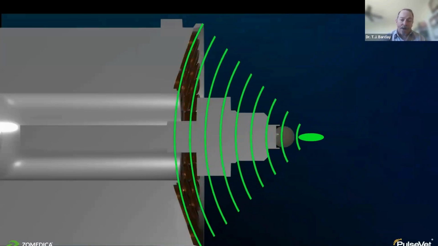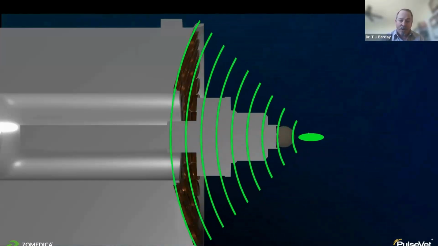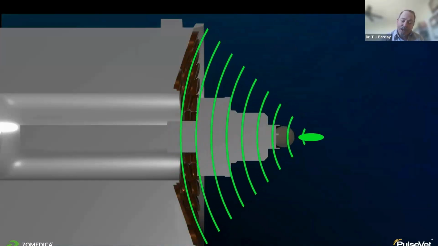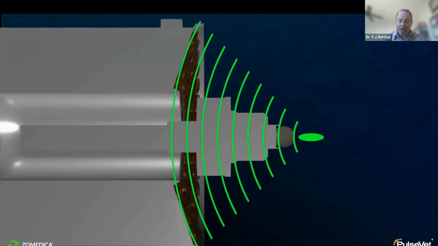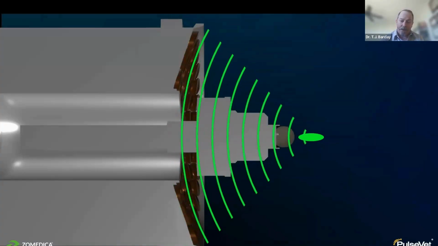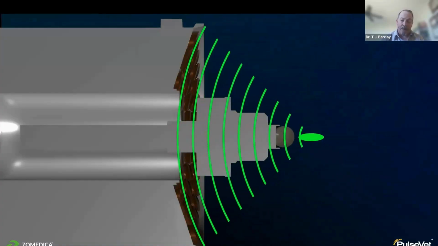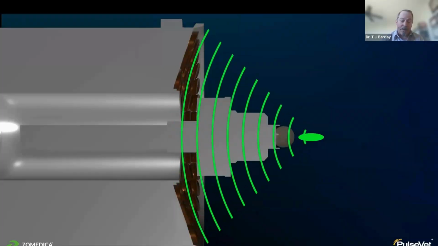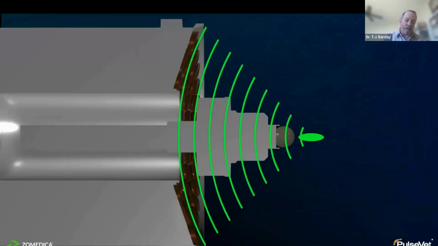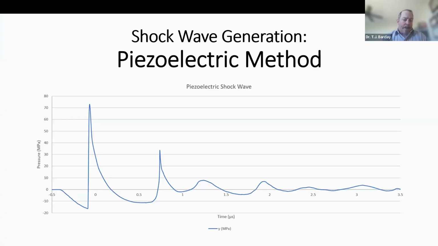These are not shock waves when they're generated, but just due to the shape of that array, they are focused into a definite focal zone, and due to the linear acceleration effects of those sound waves, they become shock waves once they reach that focal zone. As you can see, there are some differences when we talk about the waveform generated by the piezoelectric generators.